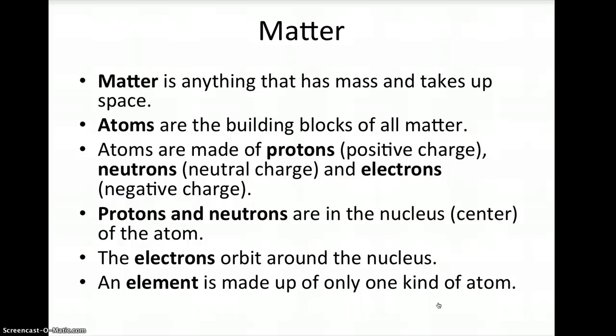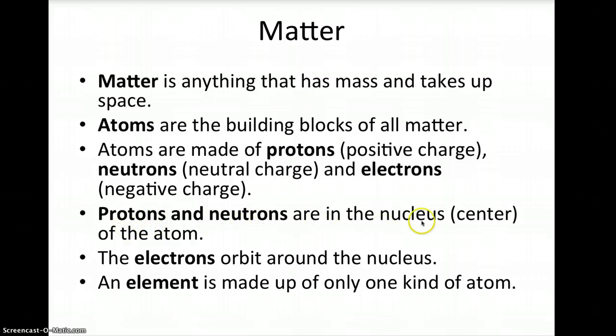I'm going to do some reading and then you're going to fill in that little chart at the bottom. Matter. Matter is anything that has mass and takes up space. Atoms are the building blocks of all matter. Atoms are made of protons, which are positive, neutrons which are neutral, and electrons that are negative.